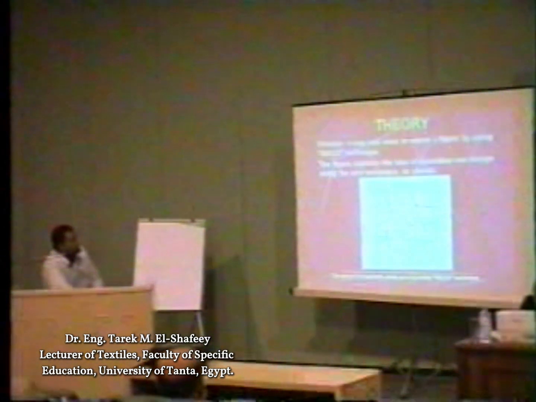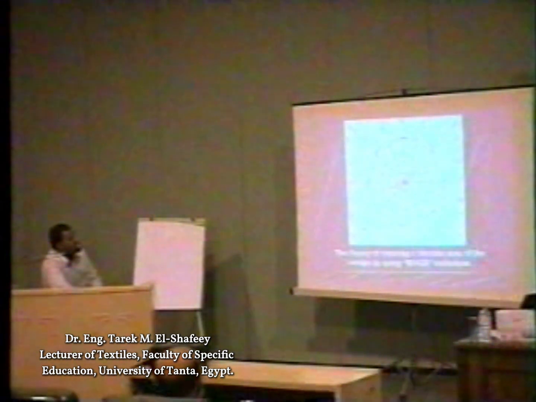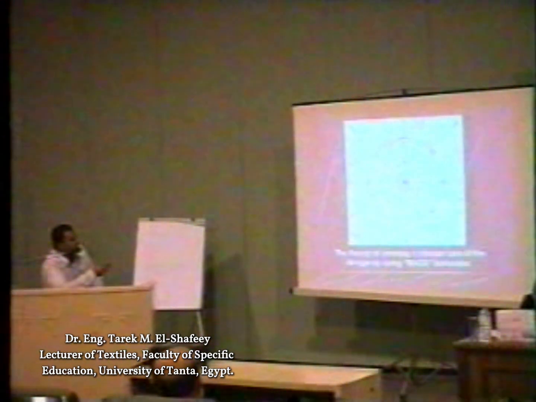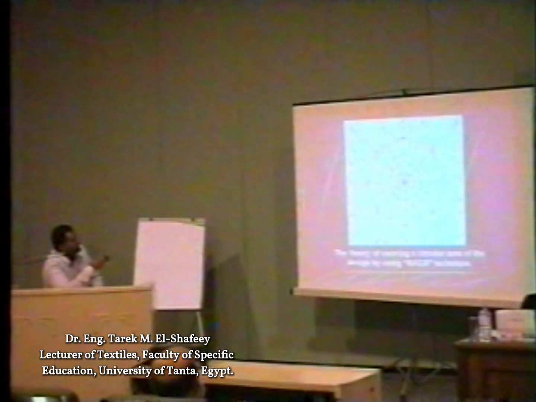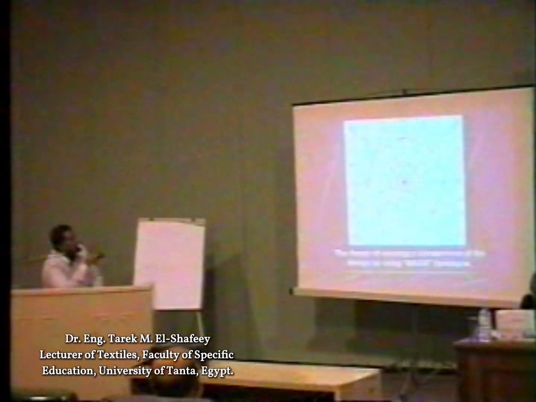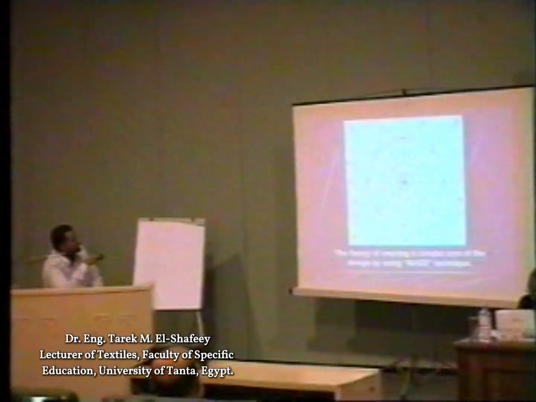The idea of production of a circular area by using the MACS technique. This figure represents the theory of weaving a circular area of design by using the MACS technique. This square represents the wooden frame, and these lines AC, BD, EG represent warp direction, and these lines represent weft direction.